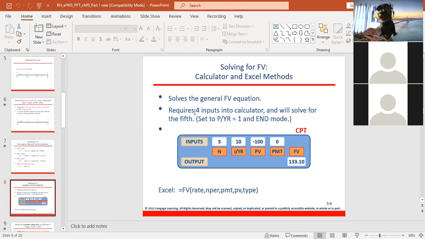So I will stop here and refer you to the manual on how to use the calculator. Let me stop it for a while.